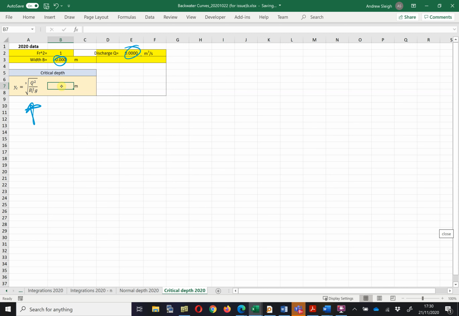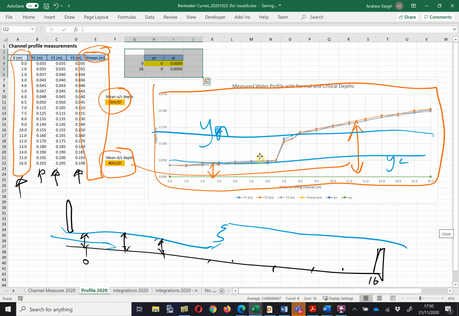There's a flow rate and the width, the breadth, BC, in here. So these calculations are half done for you. Then you go back, and once you've got those Manning's n values in here, it will draw the critical depth and normal depth on this.